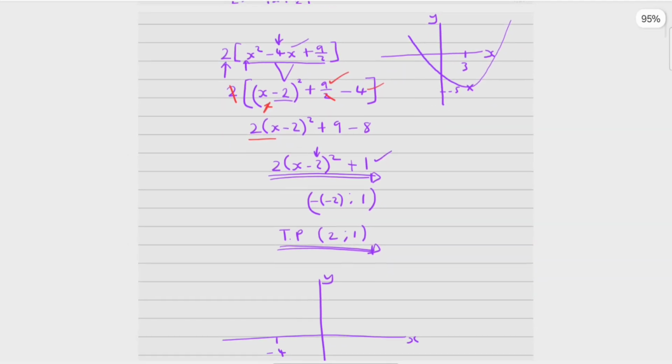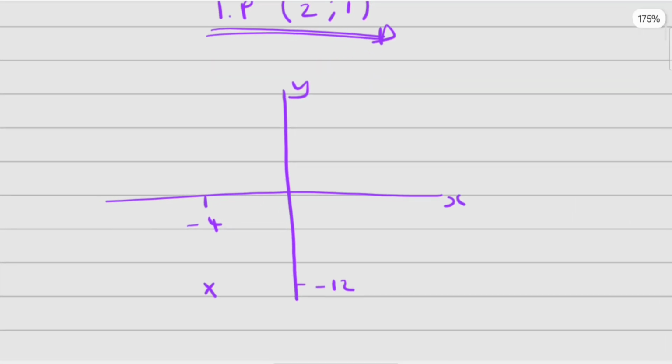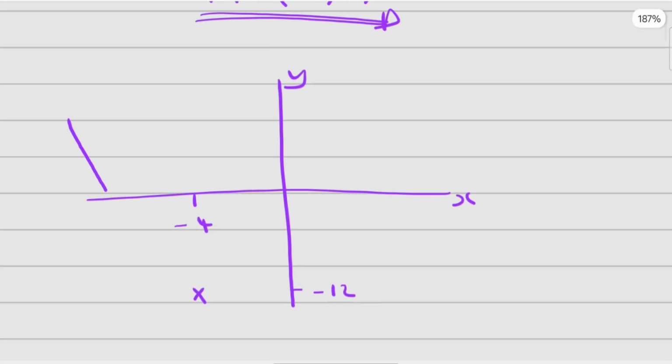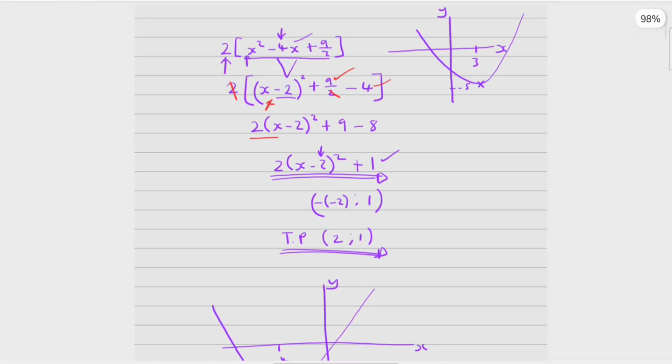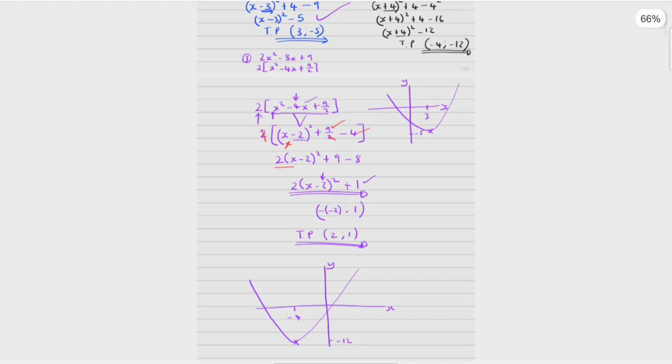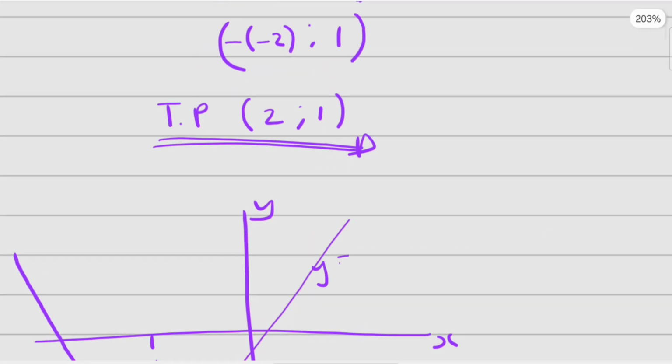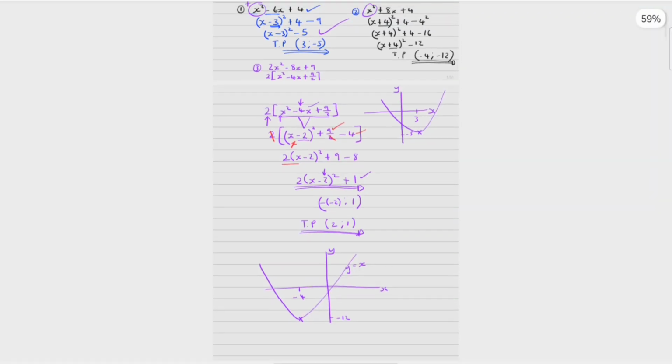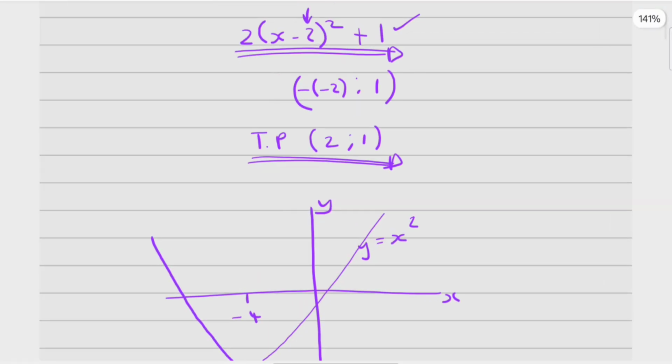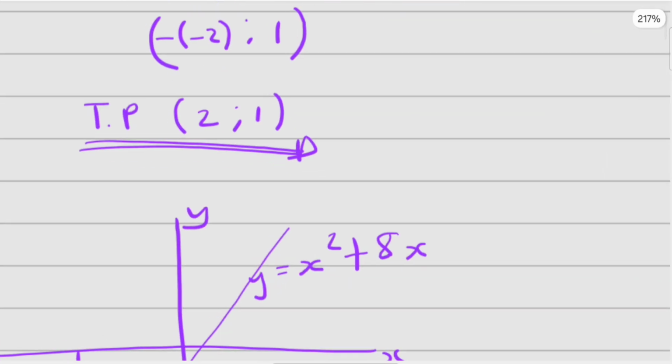It's positive again, so it's facing up, right? So it'll be like this, right? Then we write the equation. So this will be y equals that. So we just write y equals x squared plus 8x plus 4.